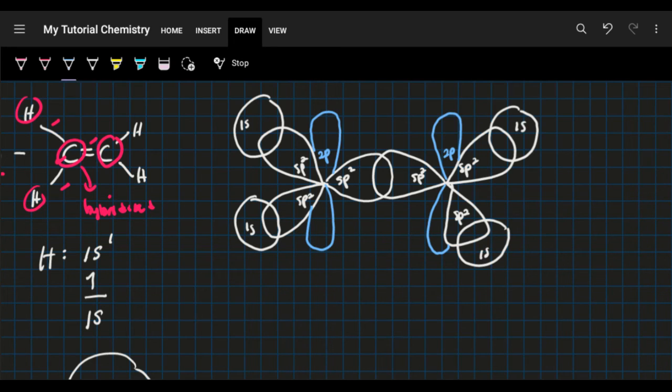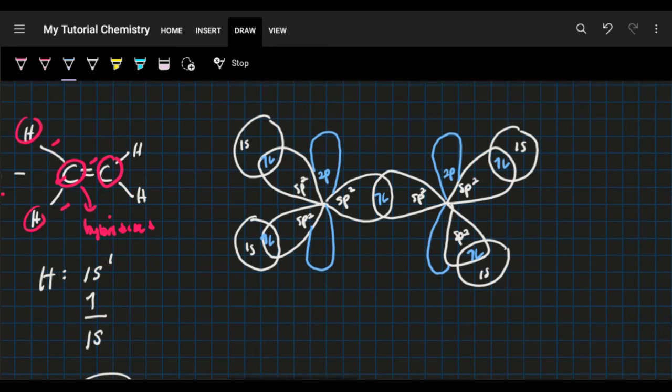The next step is to make sure the overlapping area of the orbitals has one electron of opposite spin. How about the 2p orbital? The 2p orbital will undergo sideway overlapping. This sideway overlapping will form a pi bond.